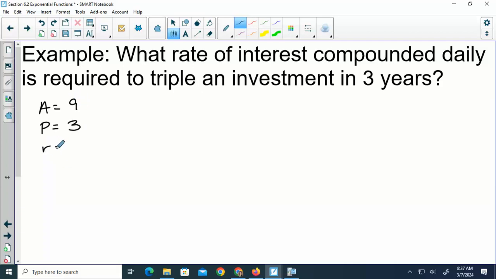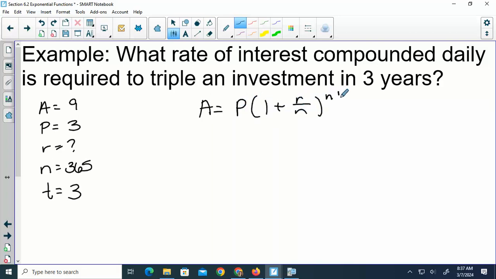Okay, we are looking for the interest rate. Number of times a year would be 365. Our time is 3 years. So we divide our 3.